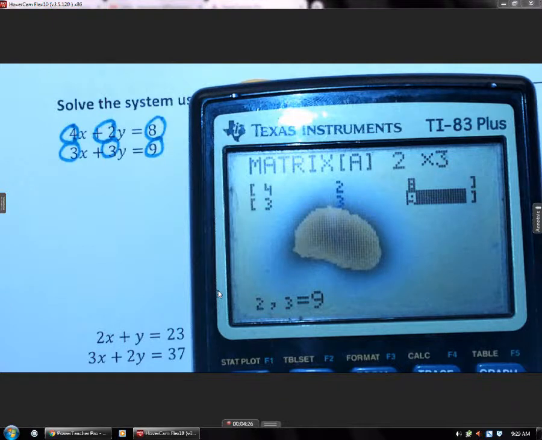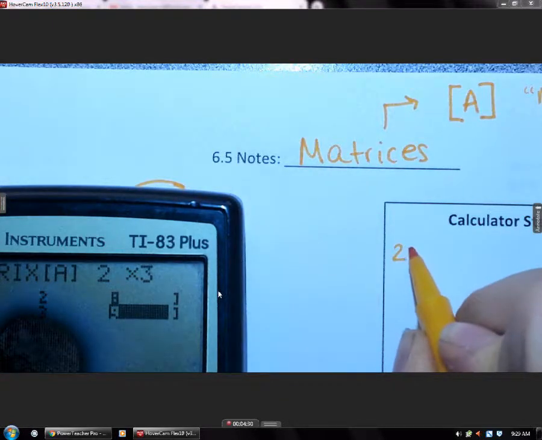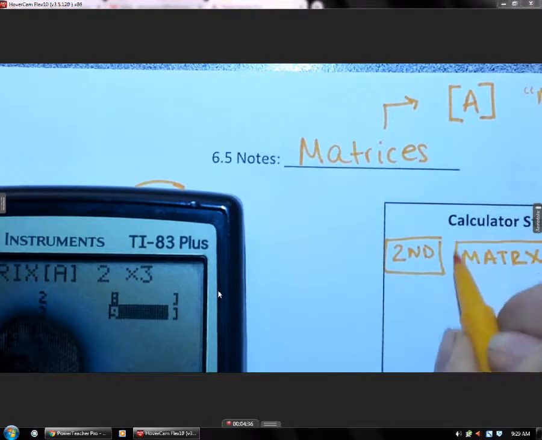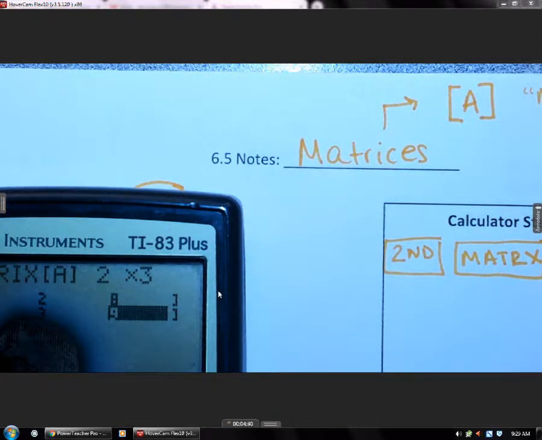So far we did second, let's write that down. We did second, matrix. We did the right arrow to get to where it says edit.